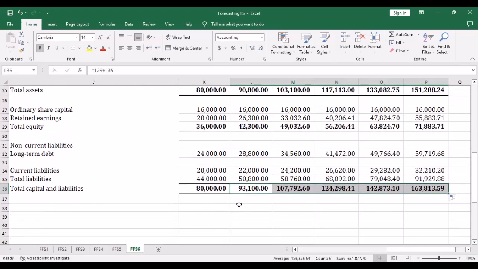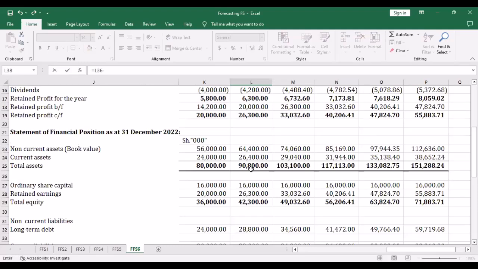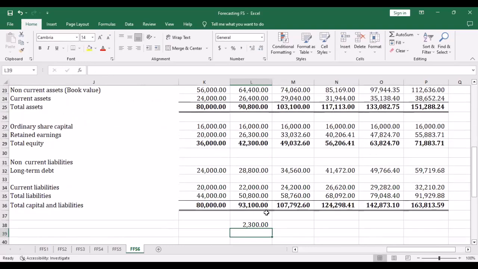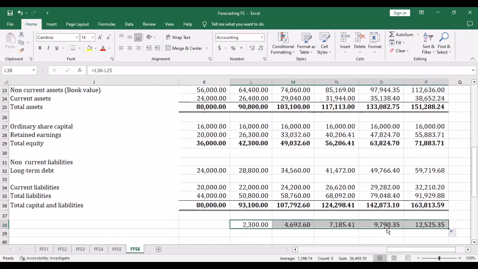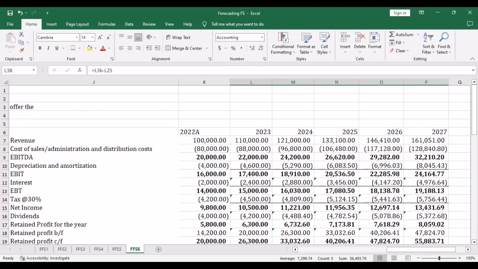So of course, we must have a difference because it's a forecast financial statement. They are not presented as not balancing, even if it's a forecast. It must balance, isn't it? So they've said these additional funds, here it is.